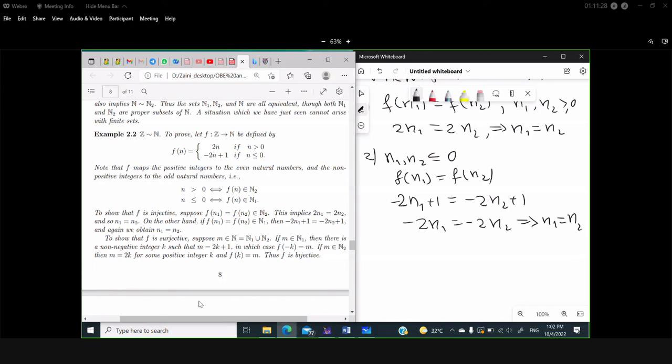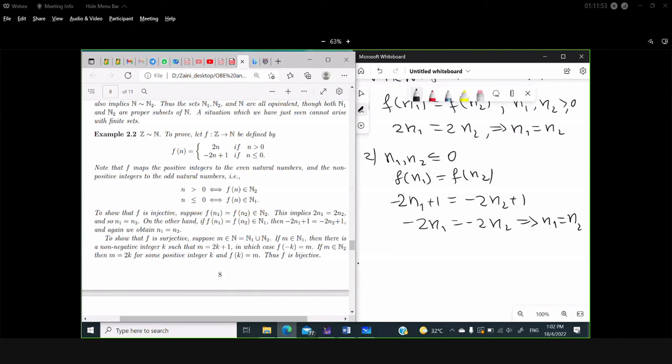Then if m belongs to N1, there is a non-negative integer k such that m equals 2k plus 1. In which case, f of minus k equals m. Why is it called f of minus k equal to m?